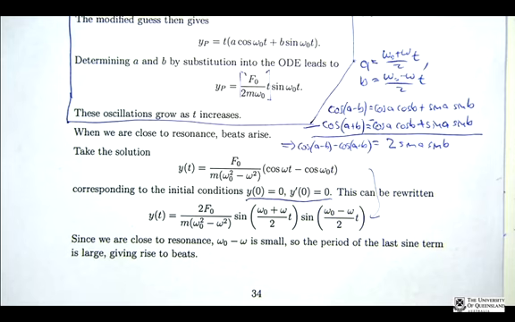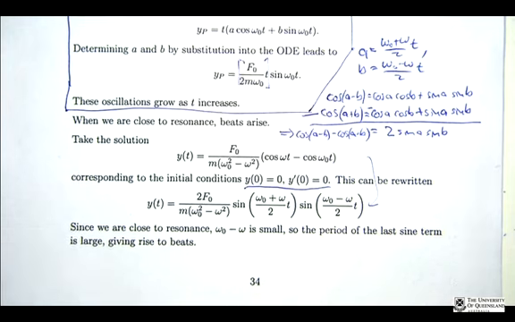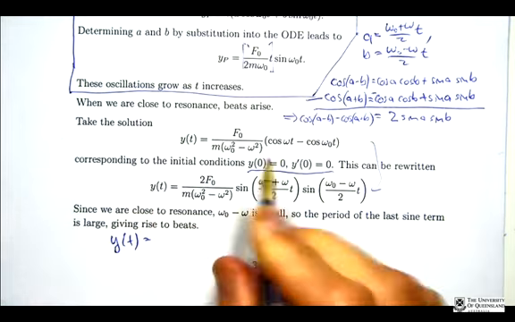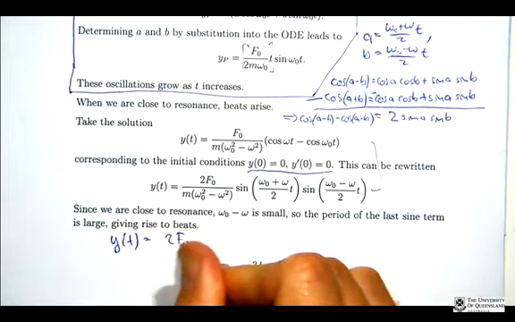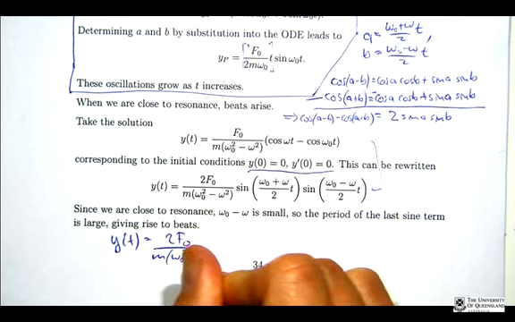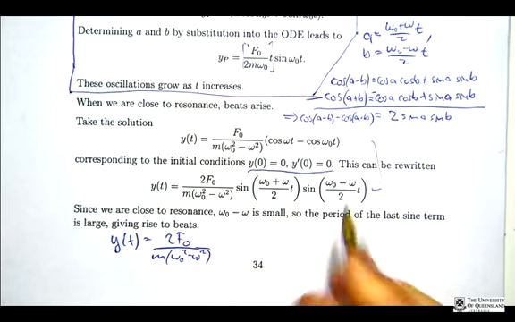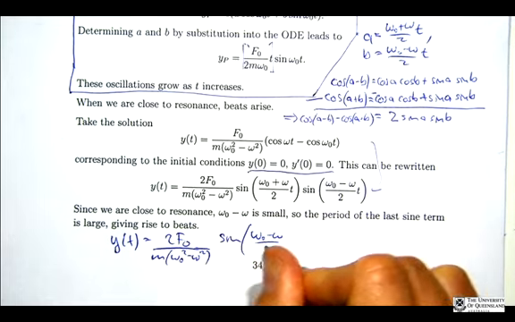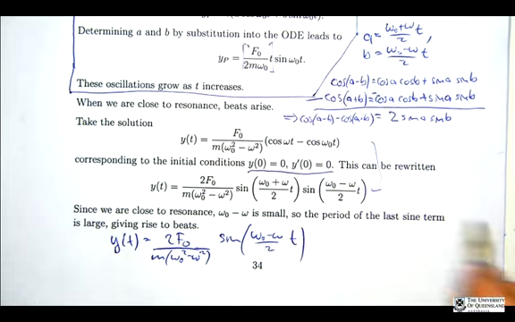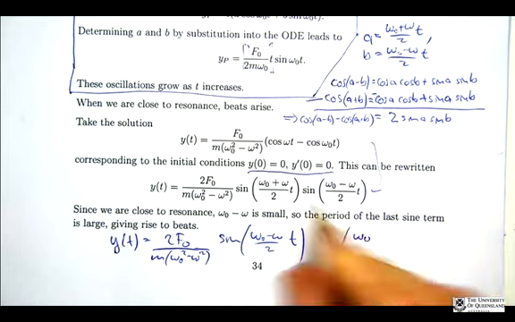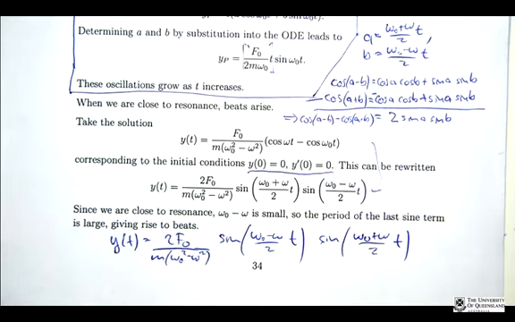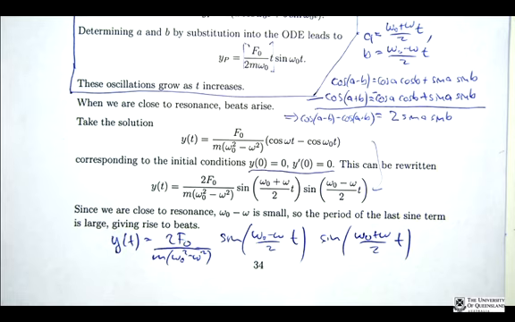Now consider the case that omega naught minus omega is small. In fact, let me rewrite this. I always mean to rewrite the order of these expressions. So imagine if omega naught minus omega was small. All I'm doing here is just rewriting the order of the sines, just for convenience.